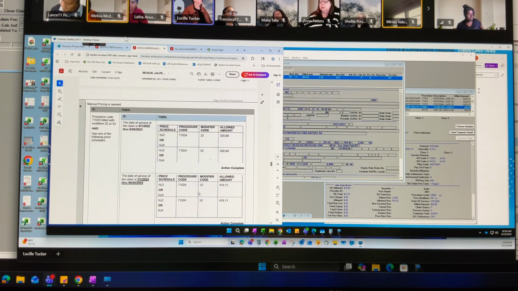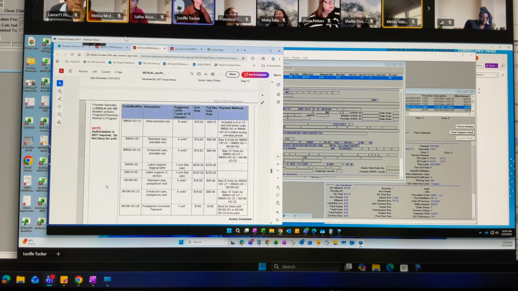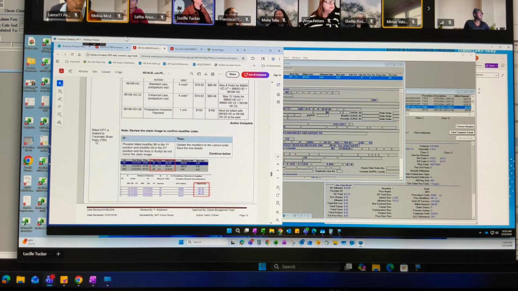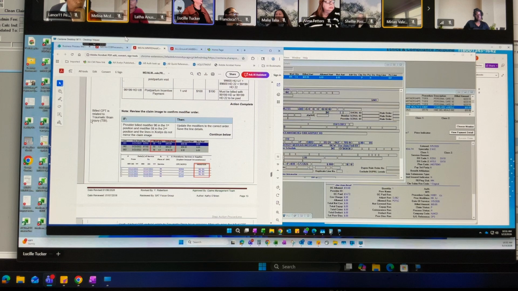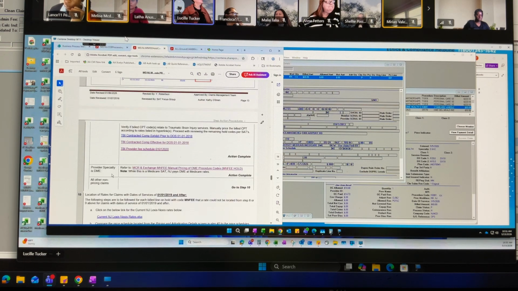Okay, so step 9 asks me some of the same questions that we already said no to, such as the procedure code 1024, doula specialty, TBI, nope. The provider specialty would be TBI, okay? So not a TBI claim. Provider specialty is DME.